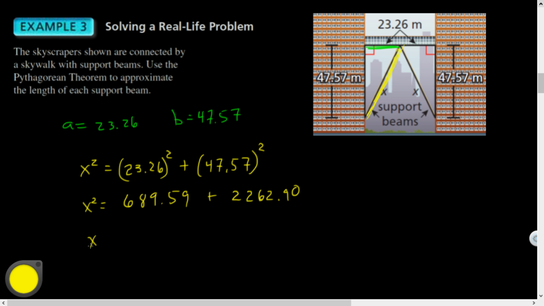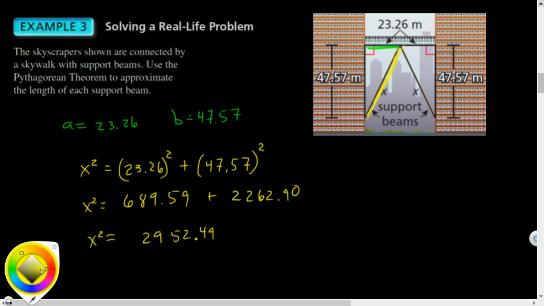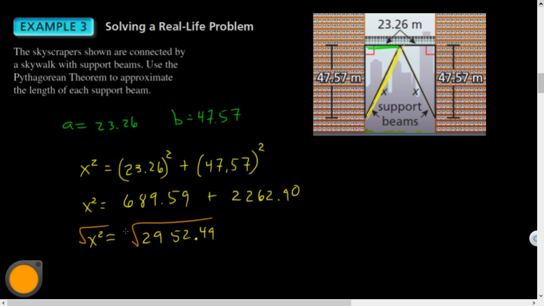Add those numbers up, and what do I get? X squared equals 2,952.49. And now what would I do to solve? Root both sides.